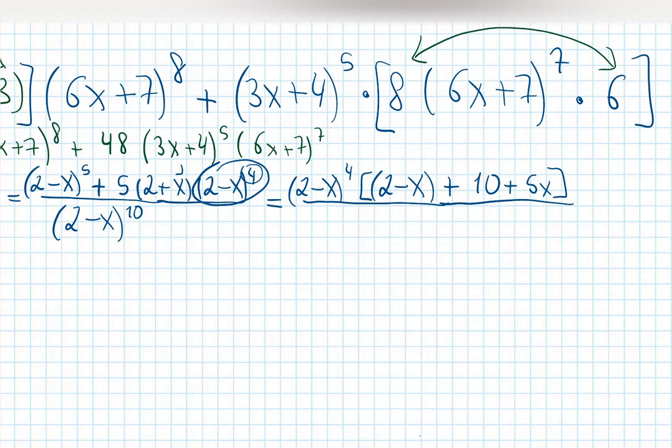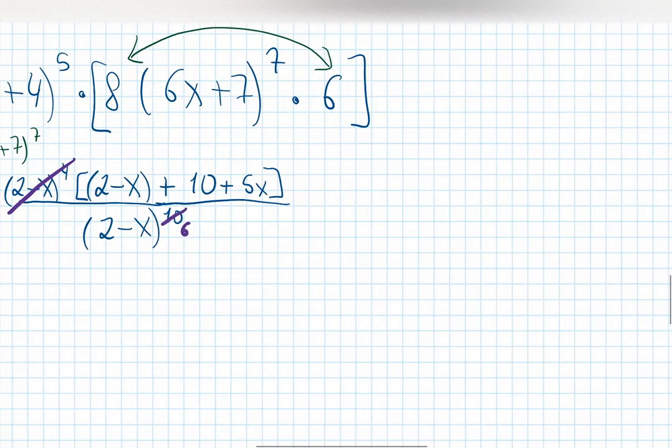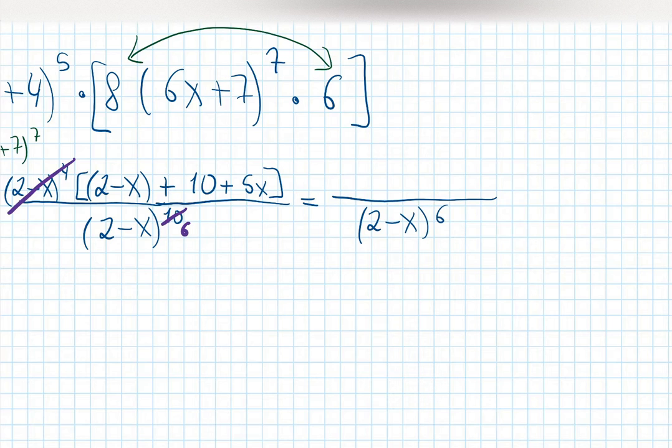The bottom stays the same, 2 minus x to the 10. Since we assume x is not 2, the denominator is not 0, I can cancel out 2 minus x to the 4, so the 10 becomes 6. 10 minus 4 is 6. Simplifying the numerator gives me 2 minus x raised to the 6.